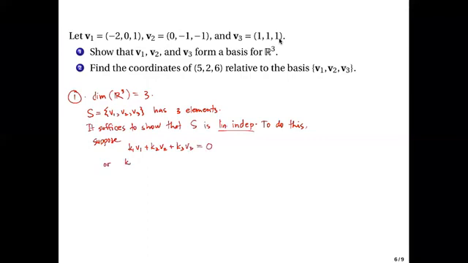Or we have k1 times vector v1, which is (-2, 0, 1), plus k2 times vector v2, which is (0, -1, -1), plus k3 times vector v3, which is (1, 1, 1). This is equal to the 0 vector (0, 0, 0).